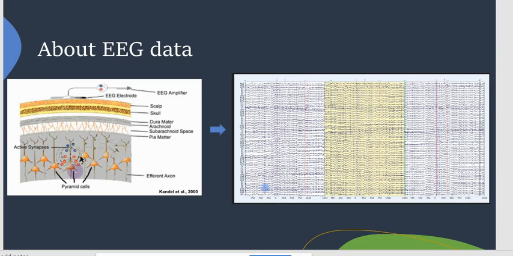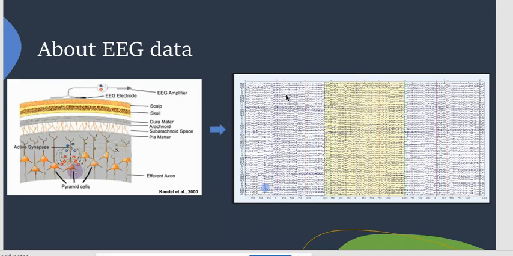Now, when thousands of these neurons are activated at the same time, we could capture that signal by an electrode that's placed on the scalp. And what's captured really is time series data from the different electrodes placed on the brain. And over here, we can see that as squiggly lines.